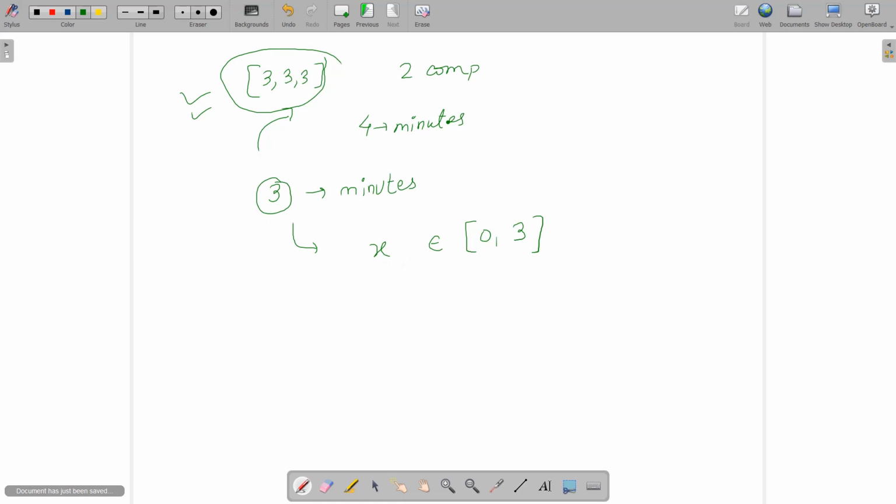It means that all the n computers can run simultaneously for the 3 minutes. Then it is obvious that all the n computers can run for any minutes in the range from 0 to 3, because if the computers can run for 3 minutes, they can also run for 2 minutes, right? But we are still not sure whether the computers can run for 4 minutes or not. So I will write still not sure.